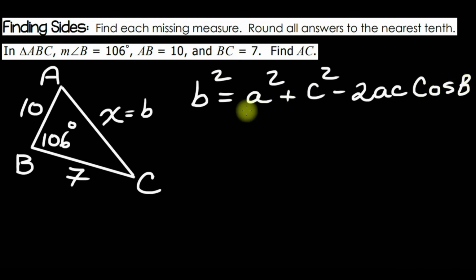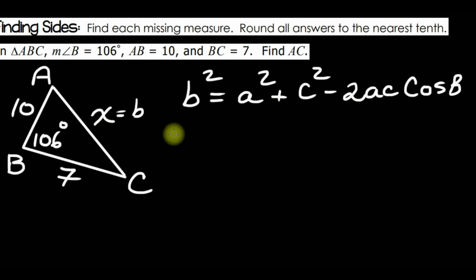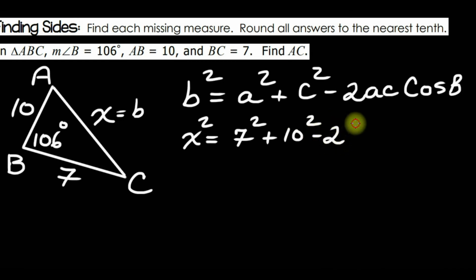So now that we have the formula, all we have to do is plug in these numbers and solve for side B. Side B is going to be x, so we have x squared is side A, which is 7, so 7 squared, plus side C, which is 10, so 10 squared, take away 2 times 7 times 10, times cosine of angle B, which is 106.